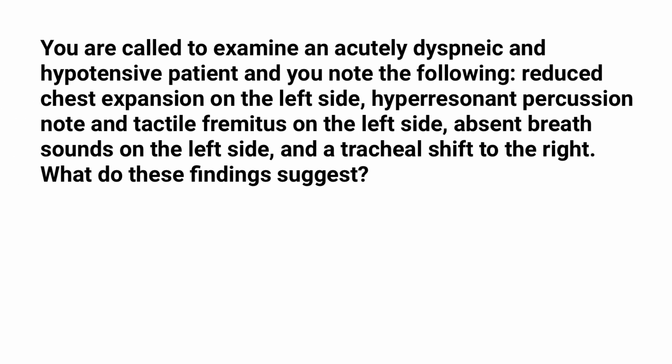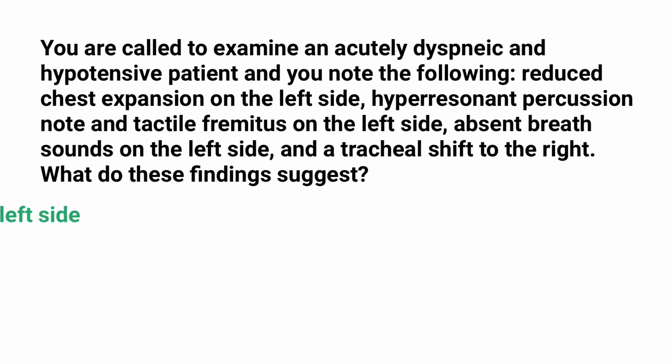You are called to examine an acutely hypotensive patient with dyspnea, and you note the following: reduced chest expansion on the left side, a hyperresonant percussion note and tactile fremitus on the left side, absent breath sounds on the left side, and a tracheal shift to the right. What do these findings suggest?